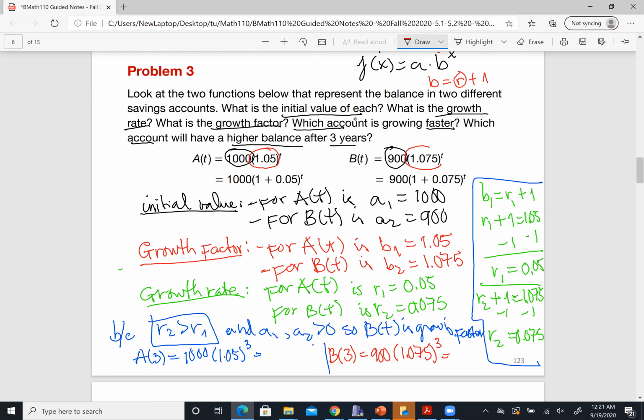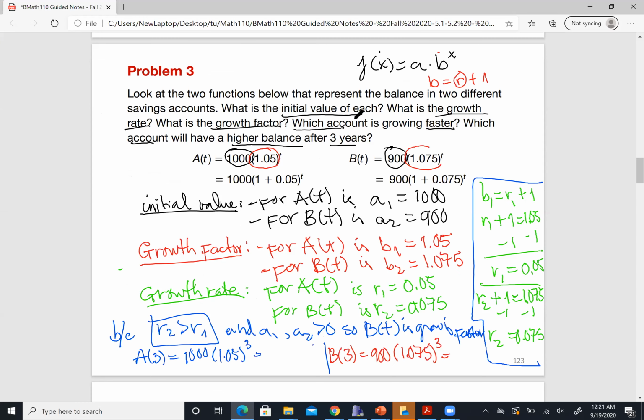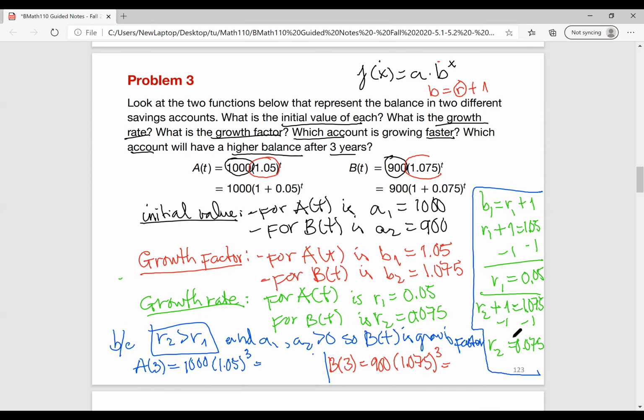So use a calculator. Let me see. Okay, use a calculator. You should have, let me see, 1 second.